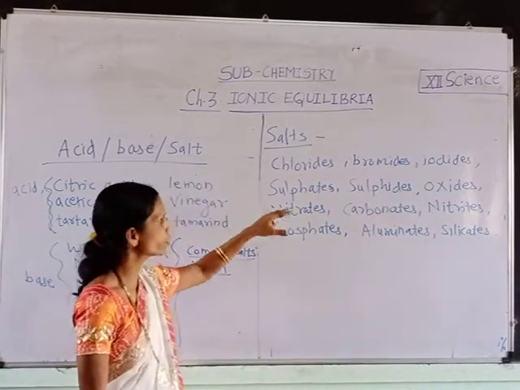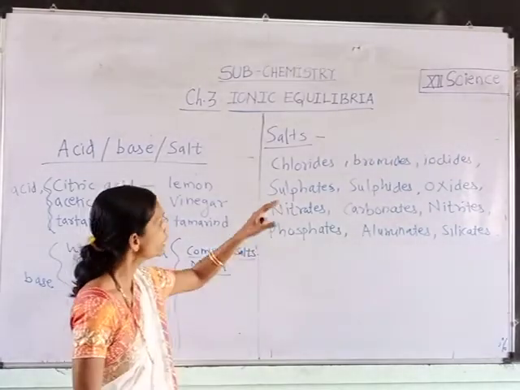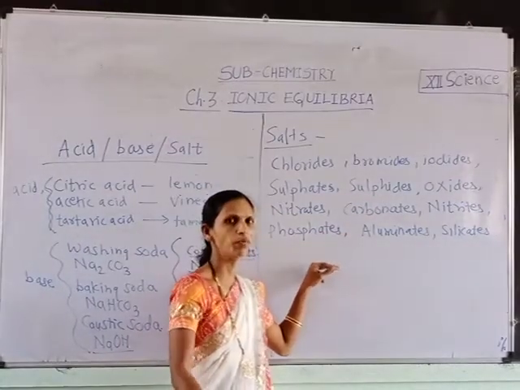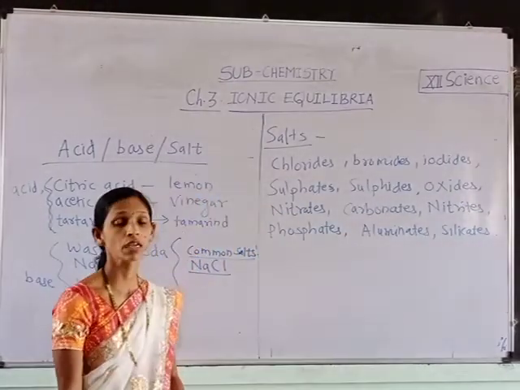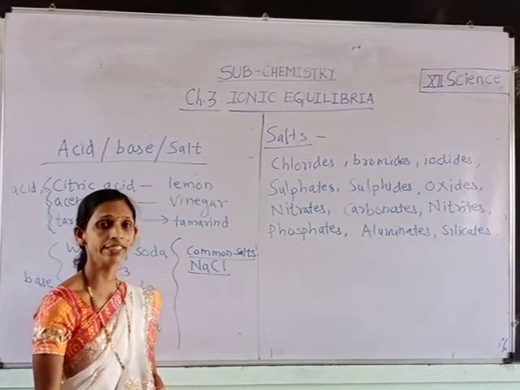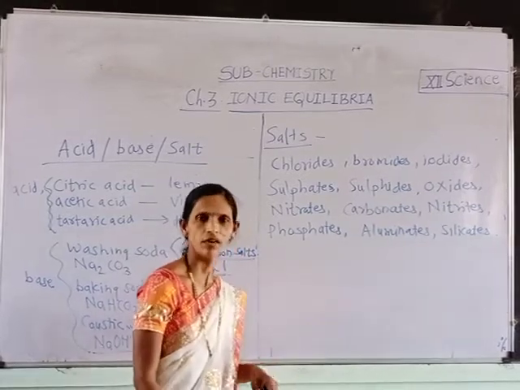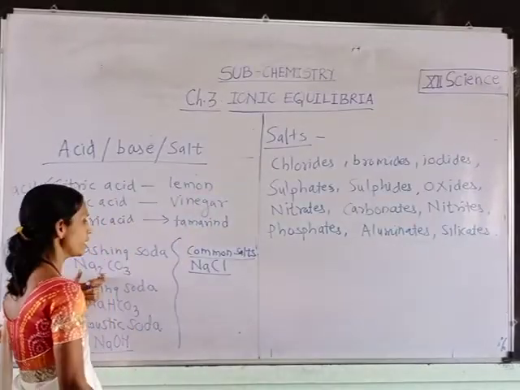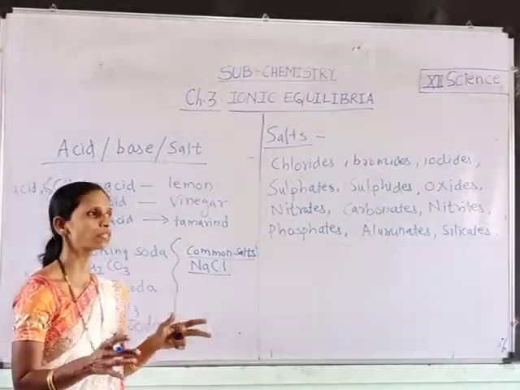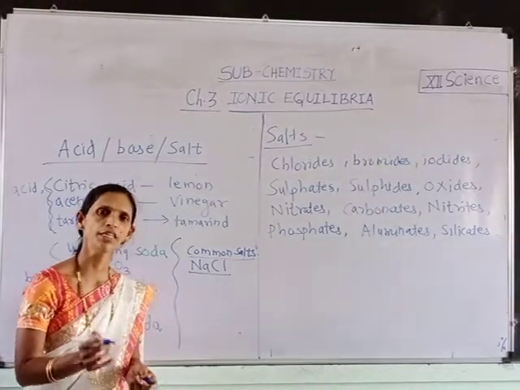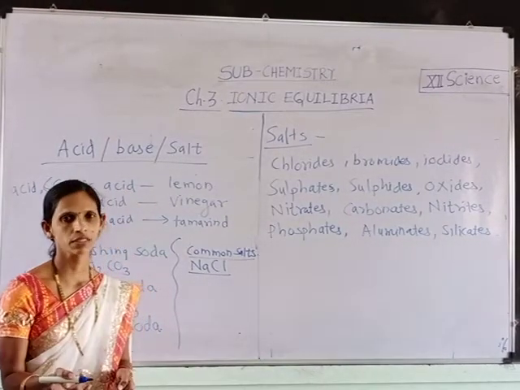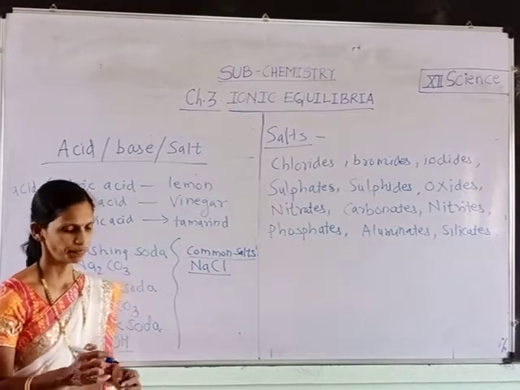That means salts are found in nature in different forms. It may be chloride, bromide, iodide, sulfate, sulfide, carbonate, phosphate, nitrate, nitrite, etc. Then there are generally substances used in daily life. It may be an acid or base, or it may be a salt.